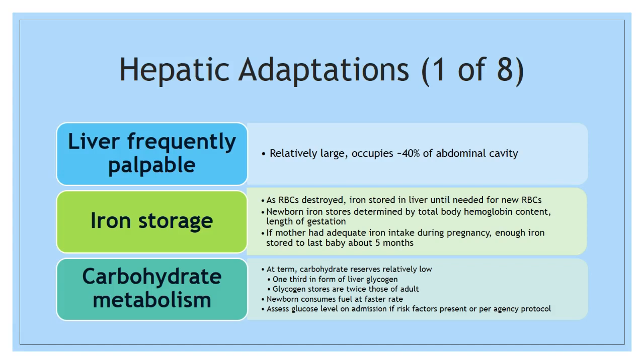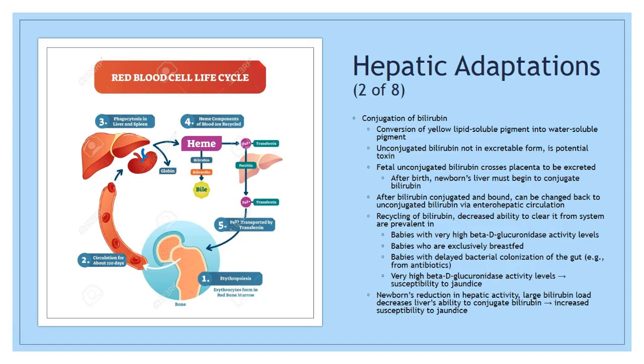If you're noticing signs of hypoglycemia, you need to be checking a blood sugar. And when this says assess glucose level on admission, that means basically sometime after birth. There will be different protocols for different hospitals in terms of how frequently, how soon you have to do it after birth, if at all.